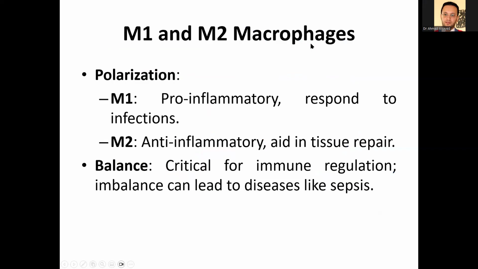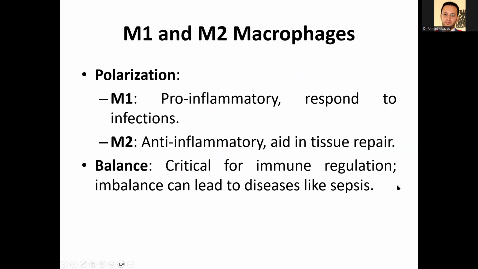So M1 versus M2 macrophage. The polarization M1, as I said, is a pro-inflammatory response to infection, while M2 is anti-inflammatory and in tissue repair. The balance is very critical.